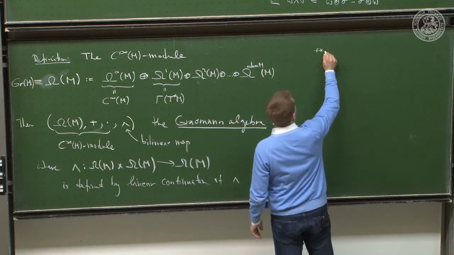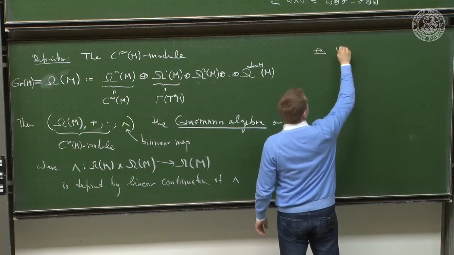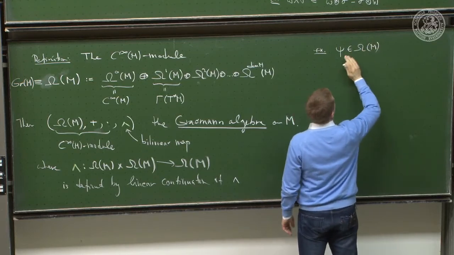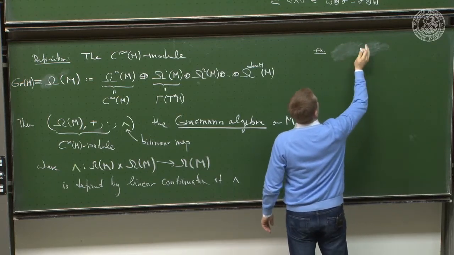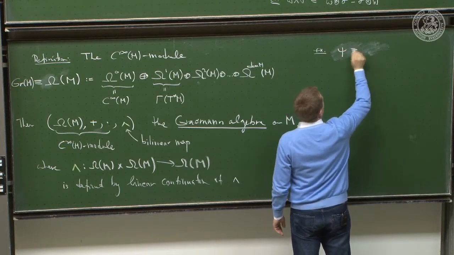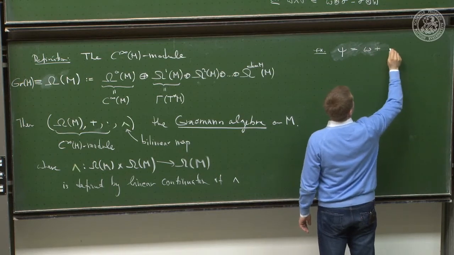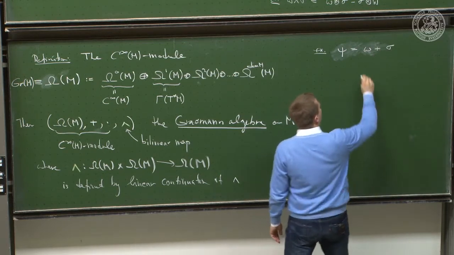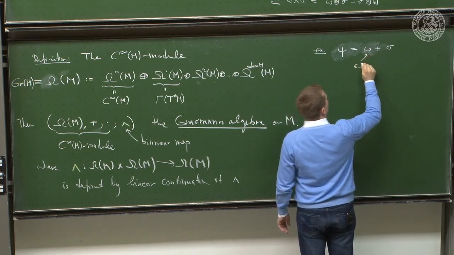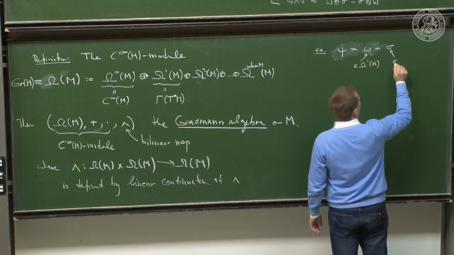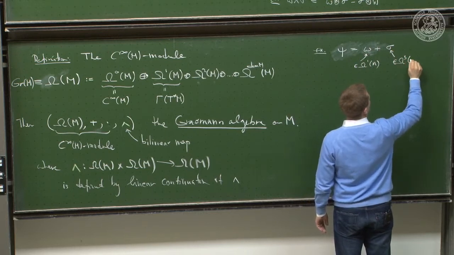So, for example, you take a general element psi in Omega M. Well, not a general one, but you say psi equals omega plus sigma. Now this omega is an element of, say, the one forms, and this sigma is an element of the 3 forms, for instance.